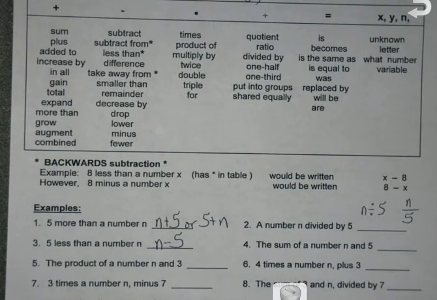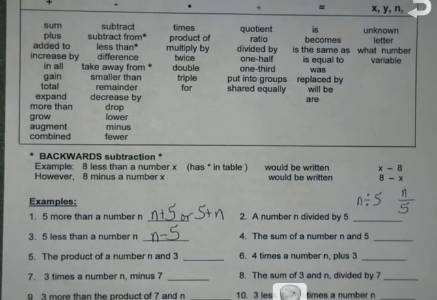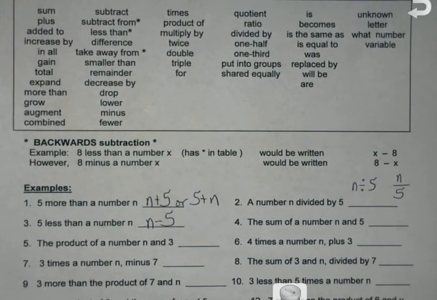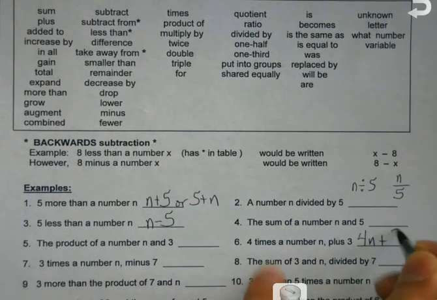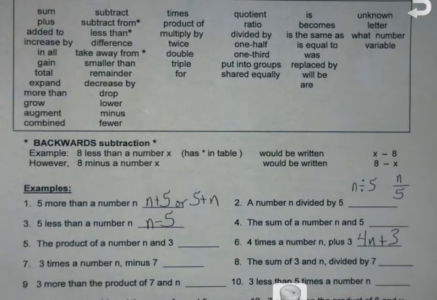So let's bounce around a little bit. What would number 6 look like? Yes, sir. 4n plus 3. Okay. 4 times the number n plus 3. That's pretty straightforward.